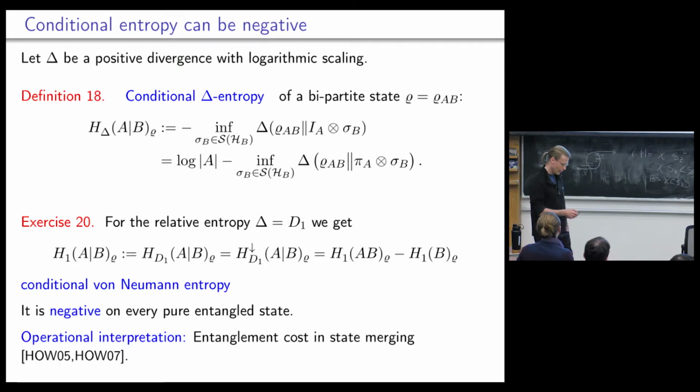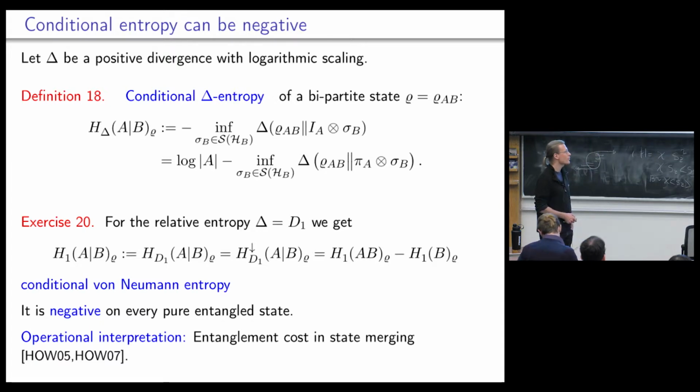It's part of the exercise to show that this can actually be negative on pure entangled states, which is kind of puzzling because we want this as a measure of uncertainty. So what does it mean that our uncertainty is negative? One answer to this was given by Horodecki, Oppenheim, and Winter, who found a so-called operational interpretation for this negativity of the conditional entropy as the entanglement cost in the state merging protocol.